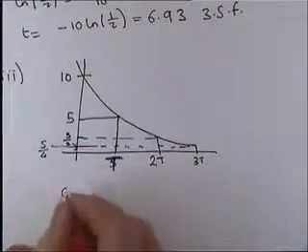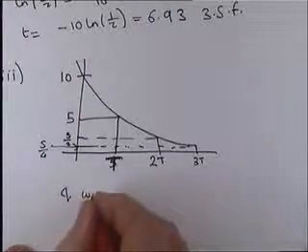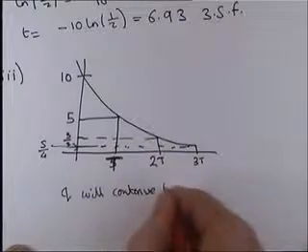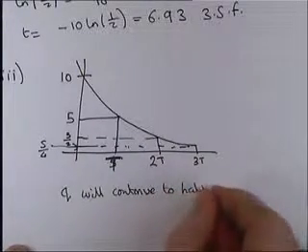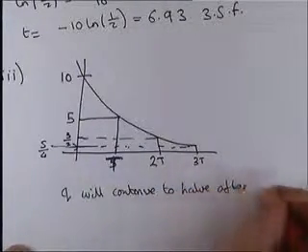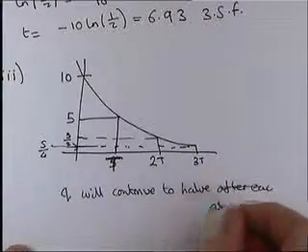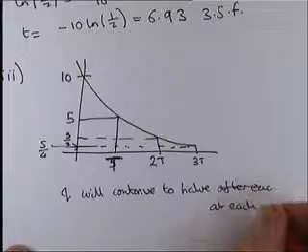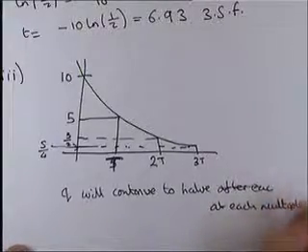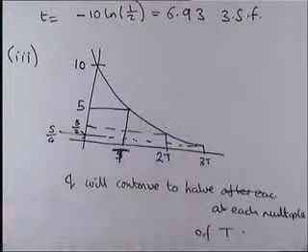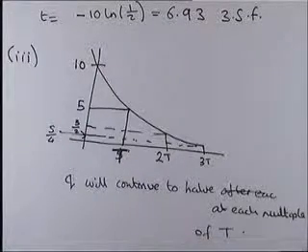So you could say that quantity q will continue to halve at each multiple of t, or something on those lines. Okay, so as long as you describe what's happening well enough, that's one way of doing it, then you will get the 2 marks at the end for that question.